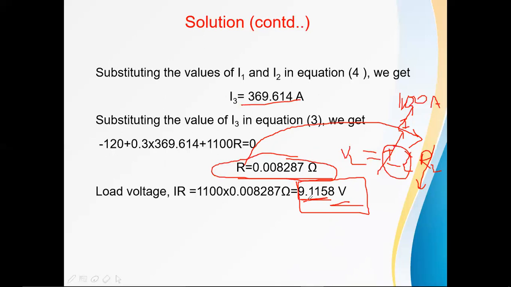From the graduation level, this is very simple for them. But as per your diploma, this is very tough for you guys. So hope you understand these types of problems. Please try to go through the video again, and if you are not comfortable solving with this method, go for another method, or you can use CDR, VDR, or star and delta. So you can use any one of the methods, right?